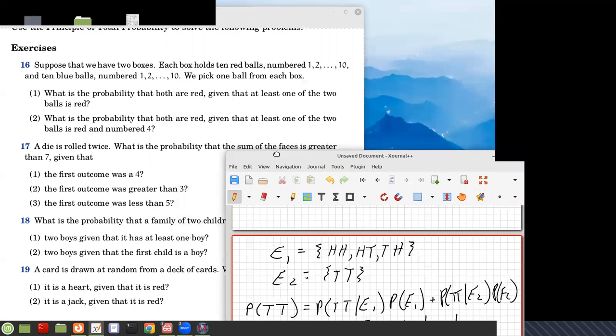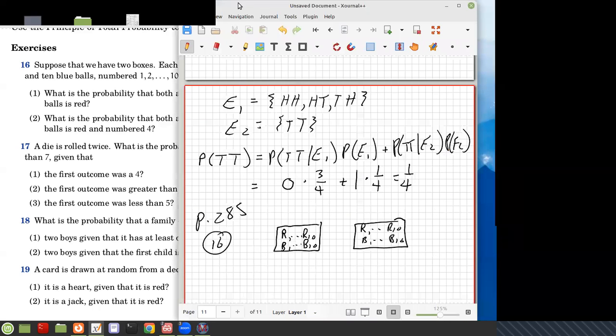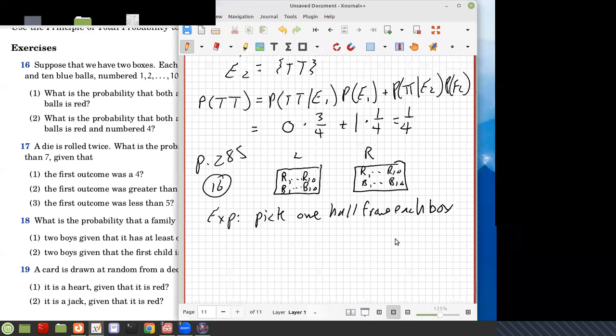Okay, so the probability experiment is: here's the left box and the right box. We pick 1 ball from each box. So, for example, a possible outcome would be red 4, blue 6, from the left box and the right box.